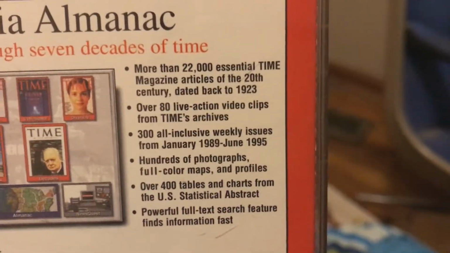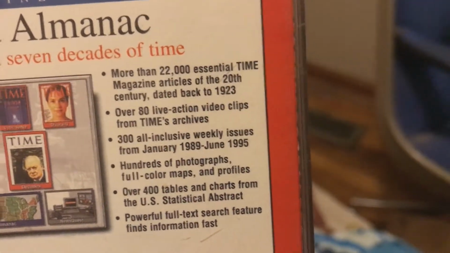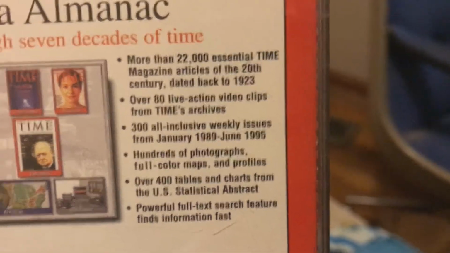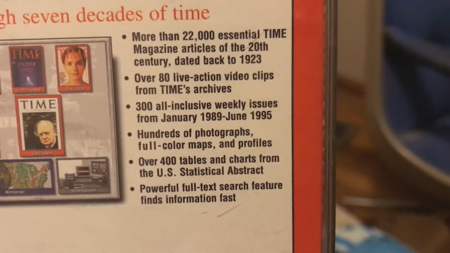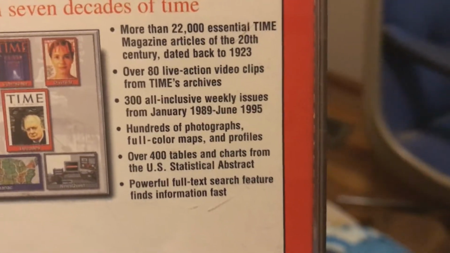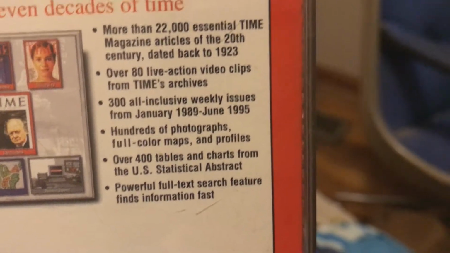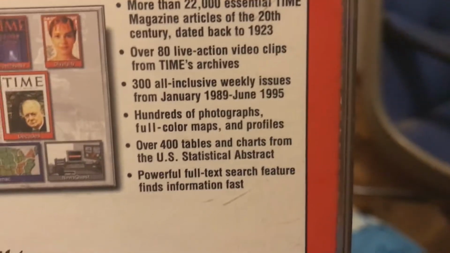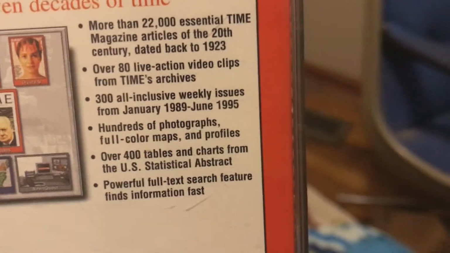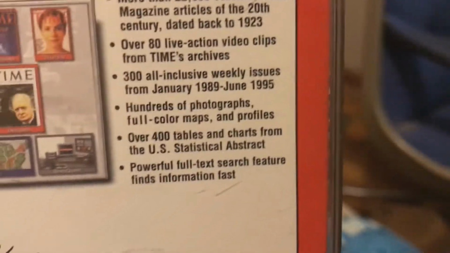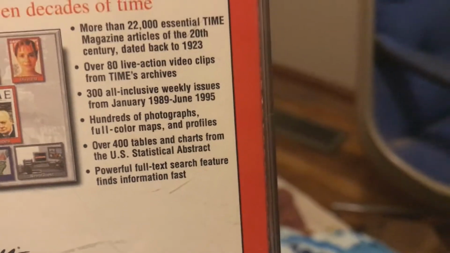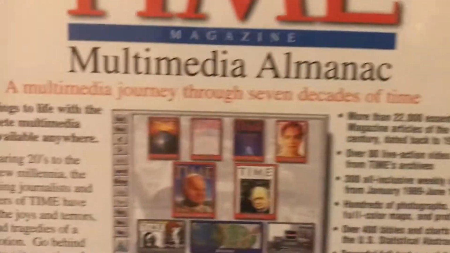And some bullet points: more than 220,000 essential TIME magazine articles of the 20th century dated back to 1923, over 30 live-action video clips from TIME archives, 300 all-inclusive weekly issues from January 1989 through June 1995, hundreds of photographs, full-color maps, and profiles, over 400 tables and charts from the U.S. Statistical Abstract, and a powerful full-text search feature finds information fast.